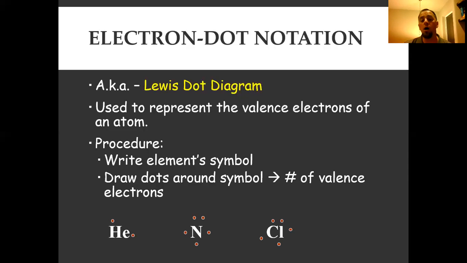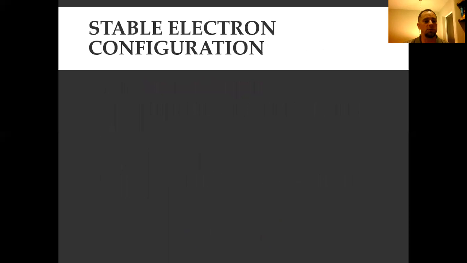So I would then draw those 7 electrons, and I pair those up on each of the 4 sides. This will help us when we look at bonding in our next couple of videos and how that works.